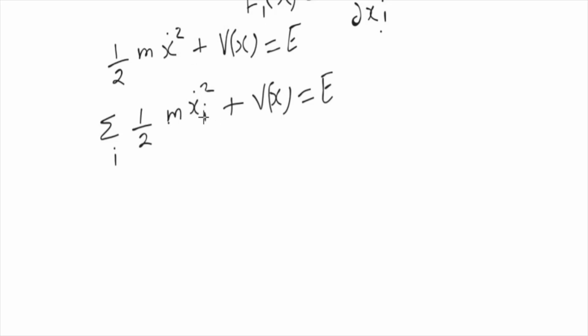Xi dot means velocity in all the dimensions, or we can also write xi dot square is equal to x dot square plus y dot square plus z dot square. V is still one function of position, and this is the total energy.